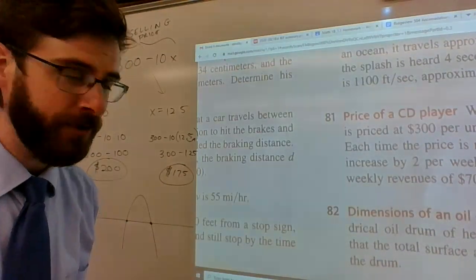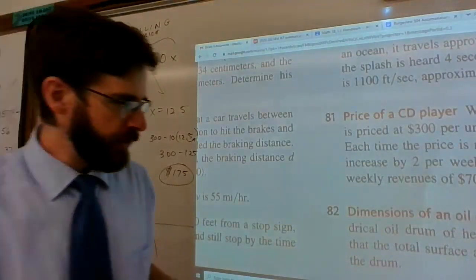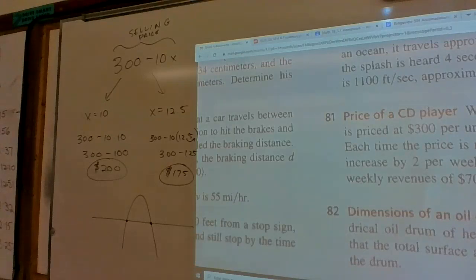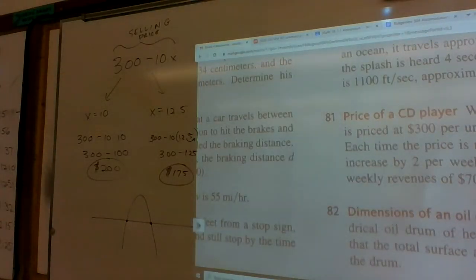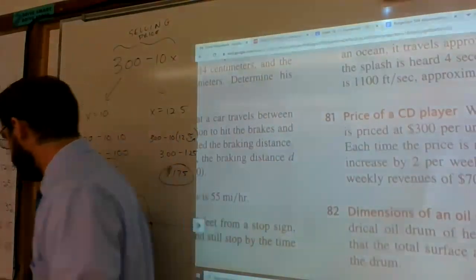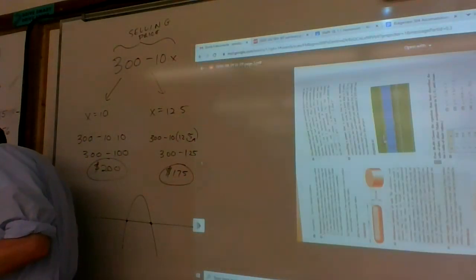I'm moving on to number 83. Okay, so that was good. A good degree of difficulty on that problem. So I think 83 is on the next page. Oh boy.